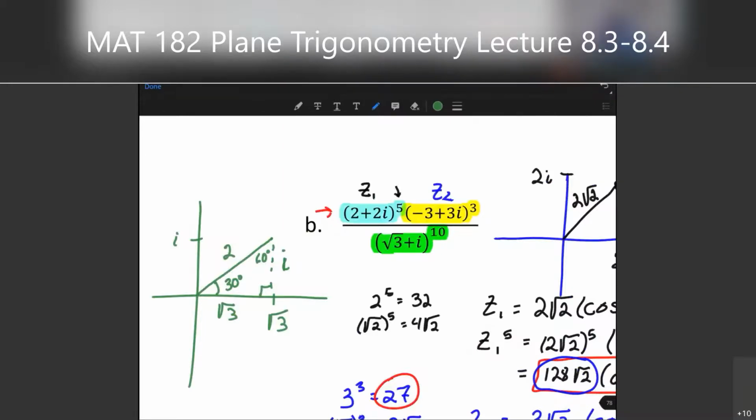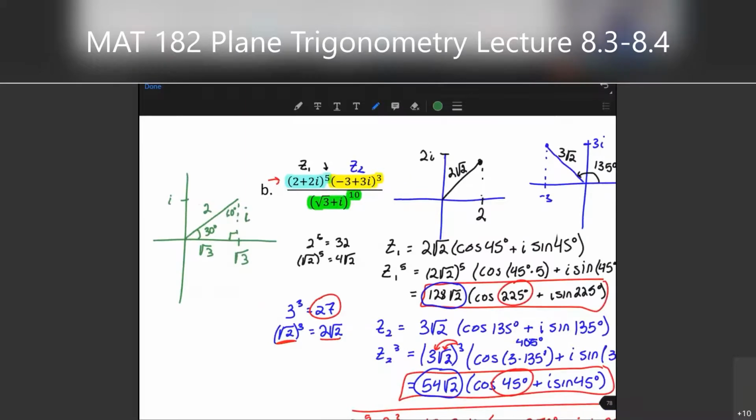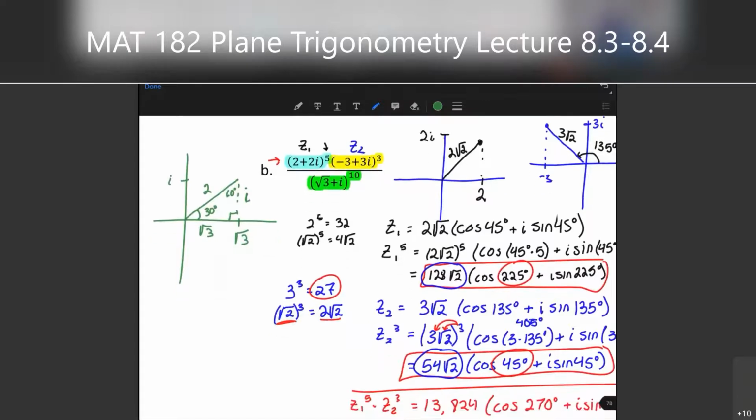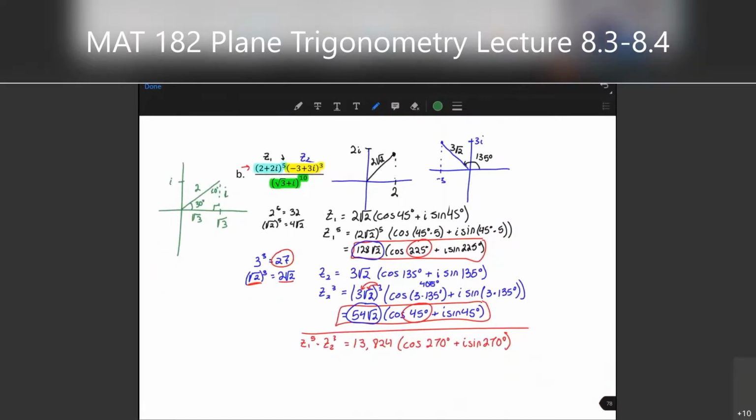So we do have a 30-degree argument and 2 as our modulus. So let's write that down. This is going to be z3. We have 2 cosine 30 plus i sine 30. So that's our last component.